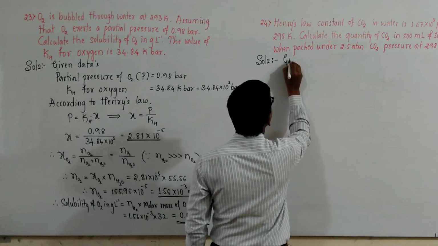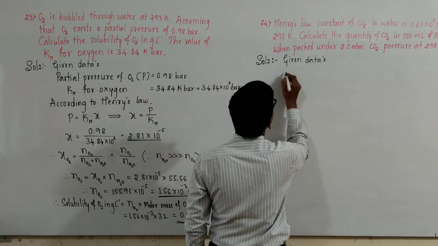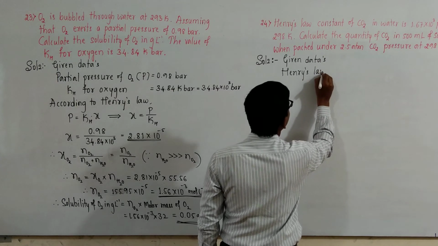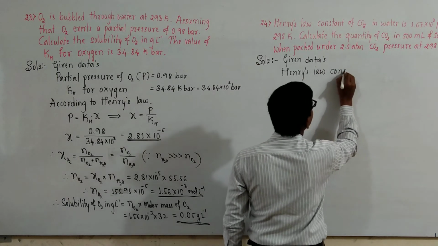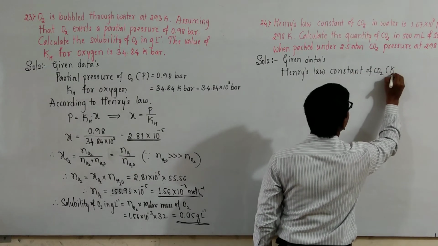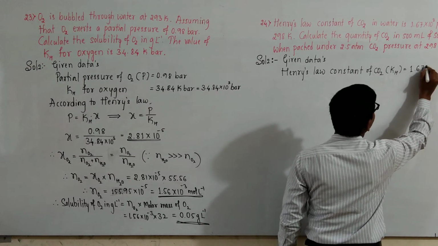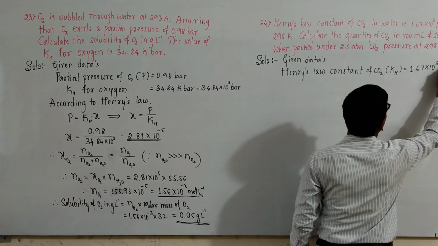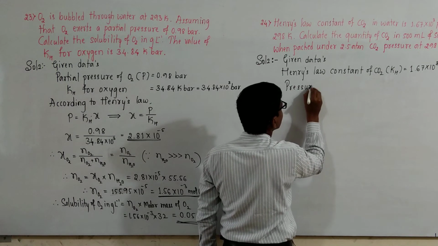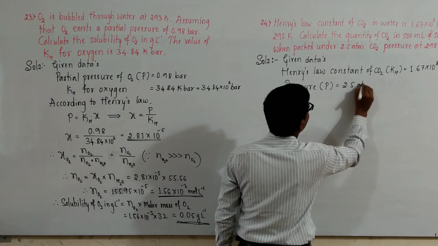Solution. Given data: Henry's law constant of CO2, Kh is equal to 1.67 into 10 raised to 8 Pascal. Then pressure P is equal to 2.5 atmosphere.